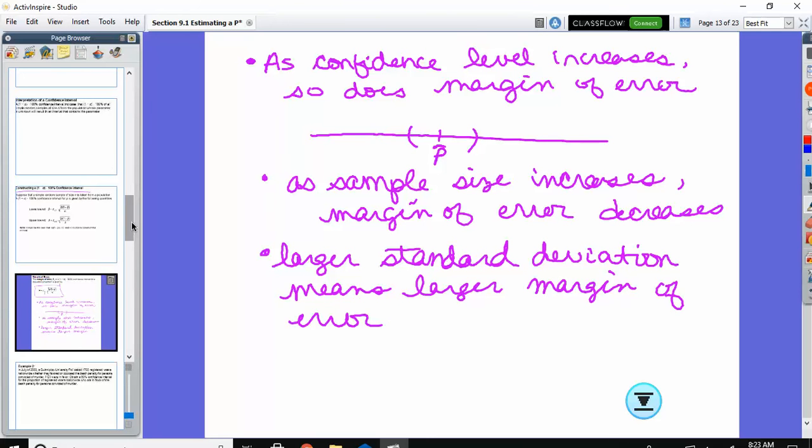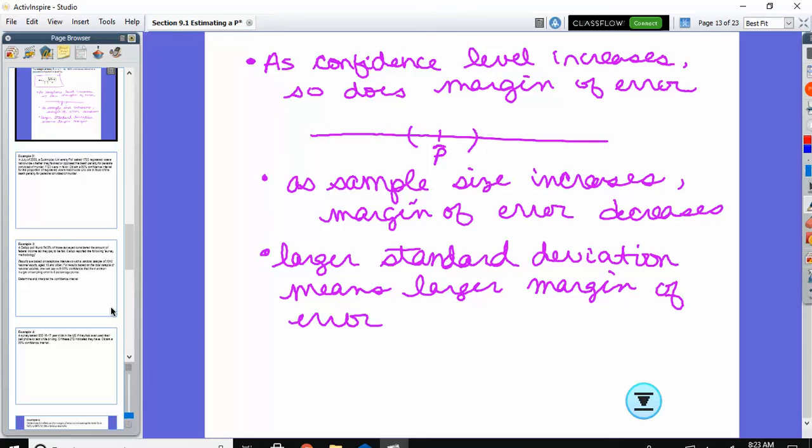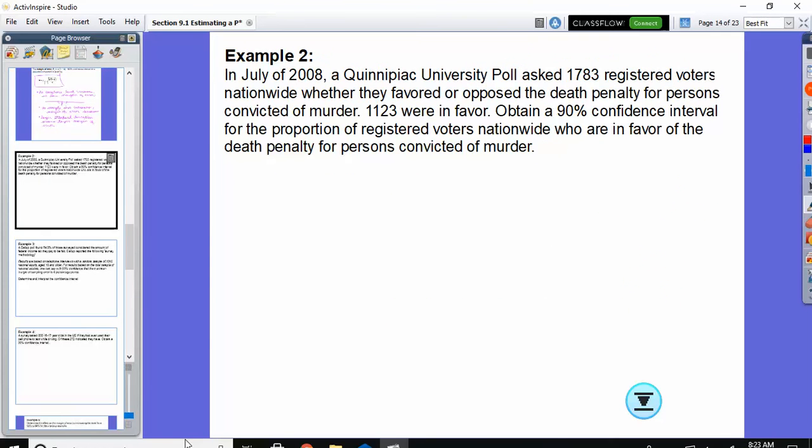All right. Let's actually do some examples. So let's go back to the example that we used earlier. I want to go ahead and build a 90% confidence interval for this. So a few things you have to do.